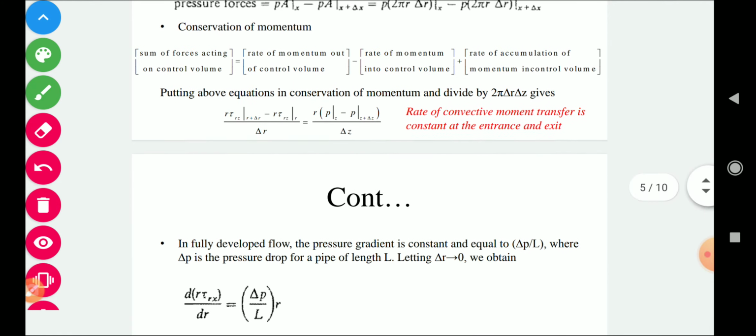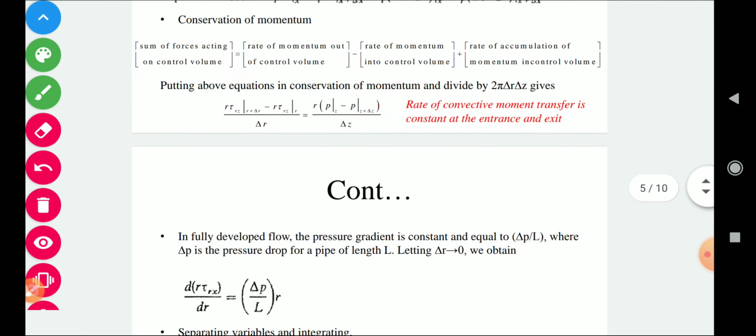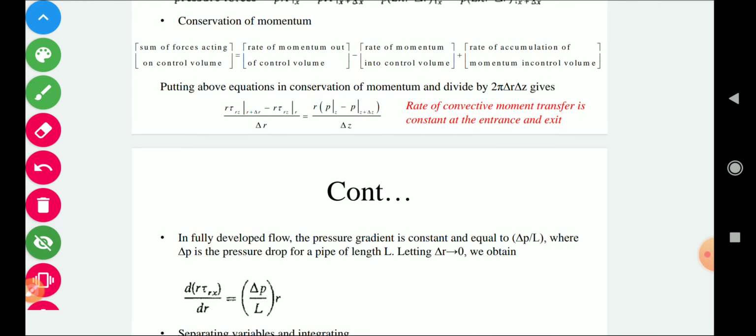Now in fully developed flow, the pressure gradient is constant and is equal to delta P by L. If this pressure gradient is constant, then instead of taking this small portion z to z plus delta z, we can take the entire length of the pipe, because the pressure gradient dP by dz is constant.